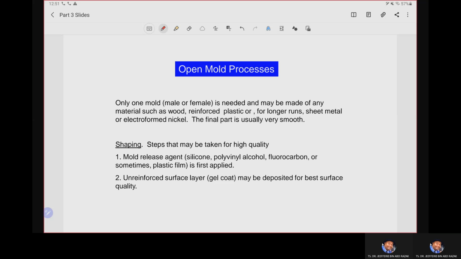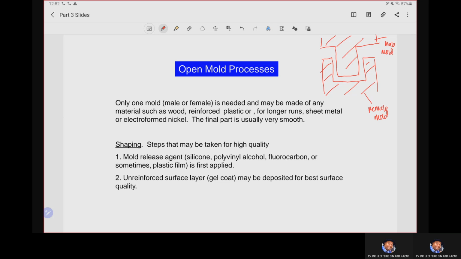For your general information, normally the female mold part has the enclosed part here, something like this. But the male mold part has the extra portion here, something like this. This is the male mold, and this is the female mold.